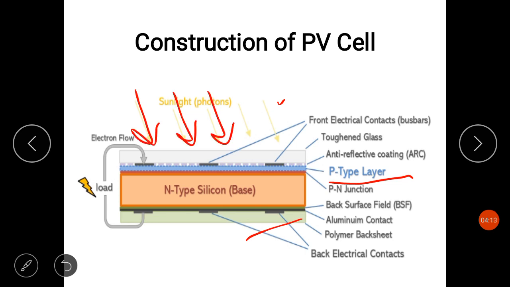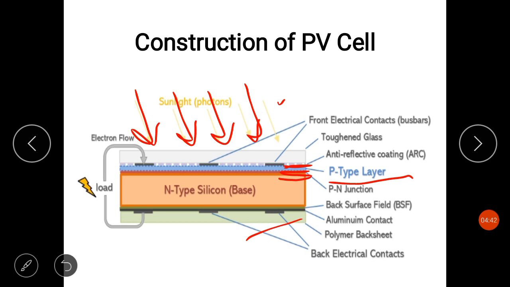The light photons can easily enter the p-n junction through the very thin p-type layer. The light energy is in the form of photons. I told you by the quantum states of matter, light can be considered to be formed of photons having energy.